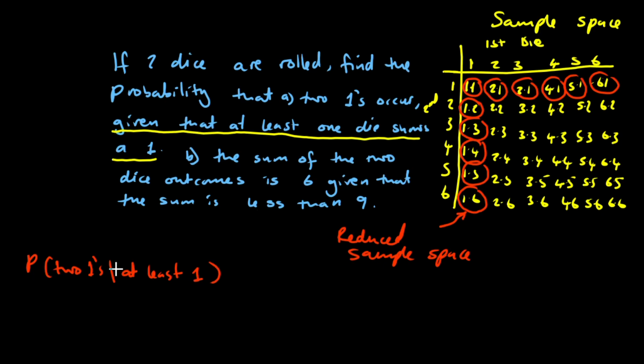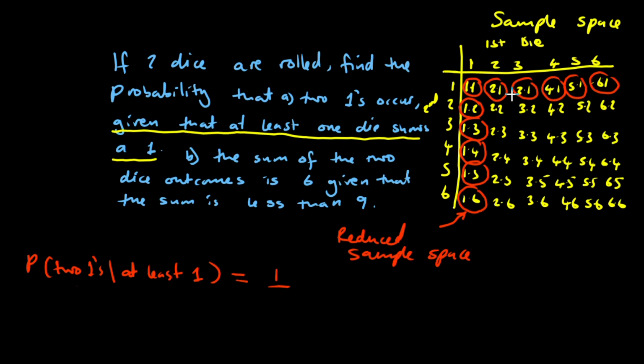So let me just write it this way to avoid trying to cut our video short. So from here will come the probability that we want is 2 1s here. Where do we see 2 1s in our new sample space or the reduced one? Here there are 2 1s here. So how many are they? There is only here. So it's 1 over how many outcomes do we have in our reduced sample space?